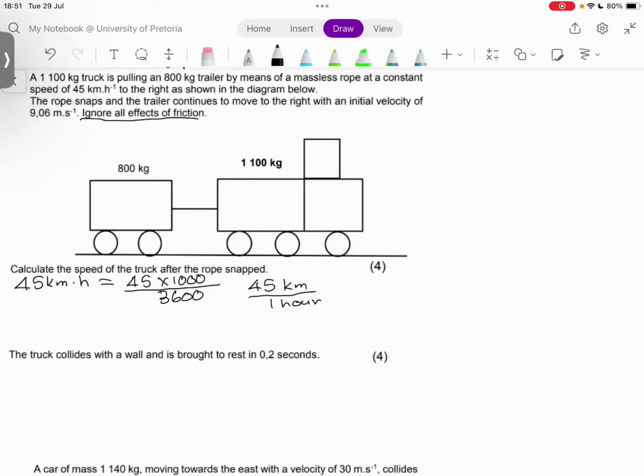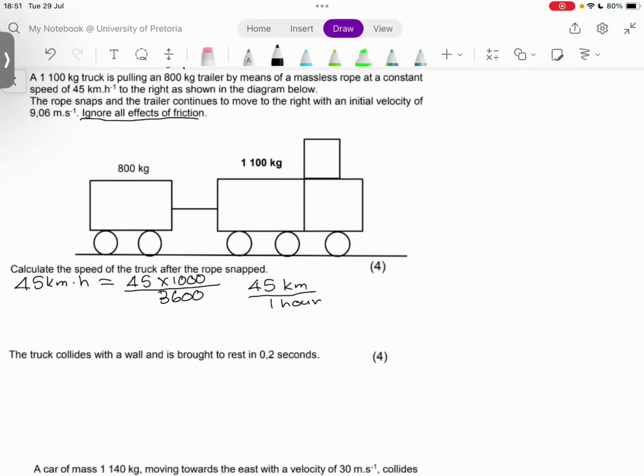So that's what we start off by multiplying with. We just change this 45 kilometers to 45 times 10 to the power of 3, which is the same as 45 times 1,000 meters, and that's all over 1 hour.